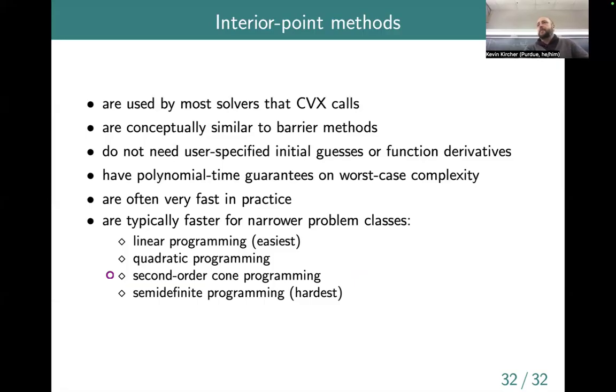Second order cone programs show up in some norm optimization problems, and then something called semi-definite programming, which we won't talk about in this class. But the basic idea is that as the problem class gets more general and more complicated, typically the optimization algorithms run more slowly.